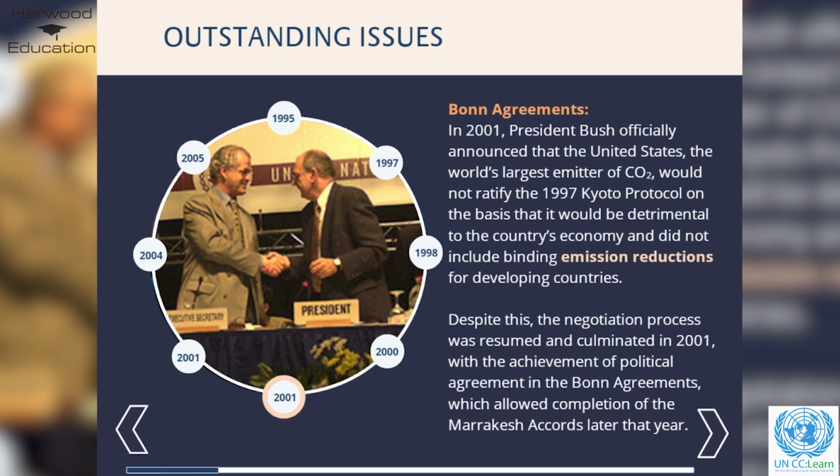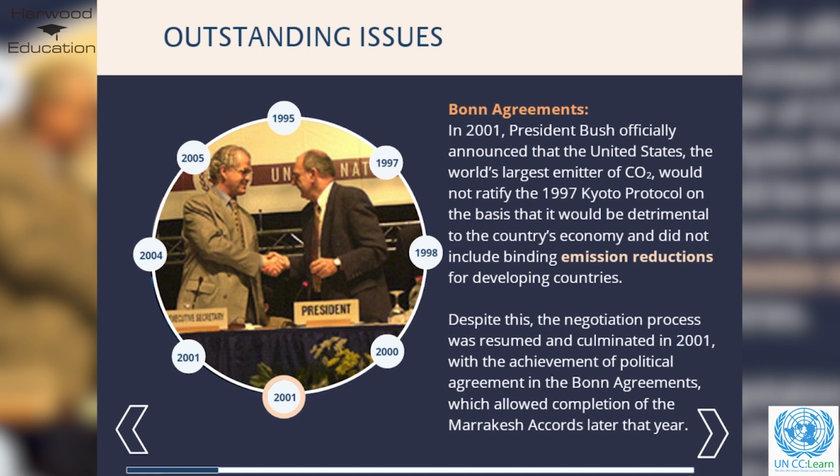2001. Bonn Agreements. In 2001, President Bush officially announced that the United States, the world's largest emitter of CO2, would not ratify the 1997 Kyoto Protocol on the basis that it would be detrimental to the country's economy and did not include binding emission reductions for developing countries.